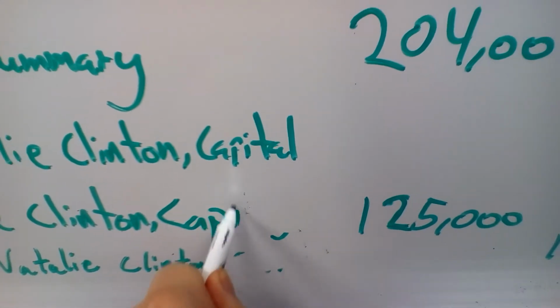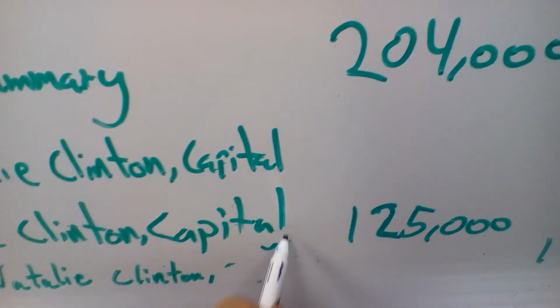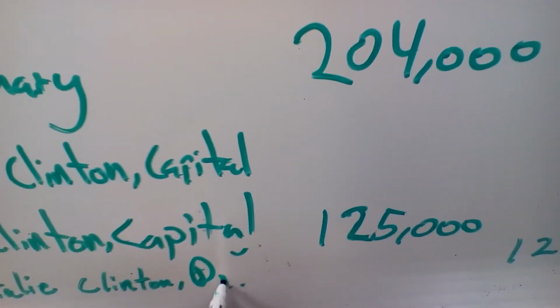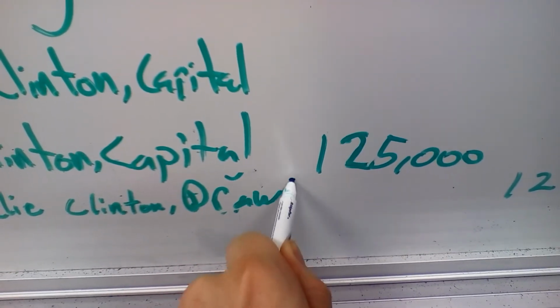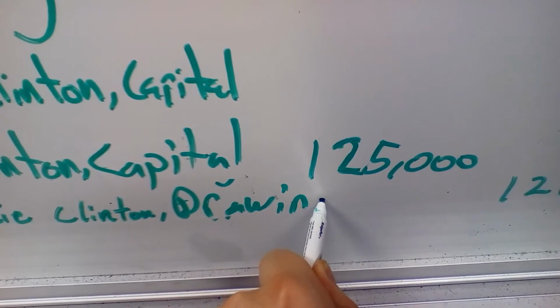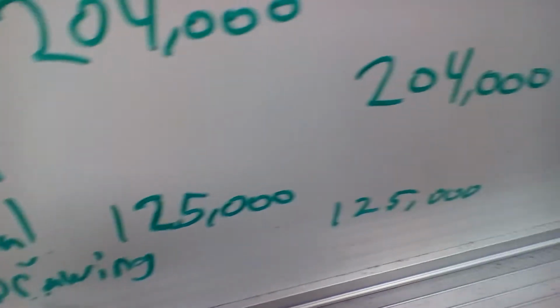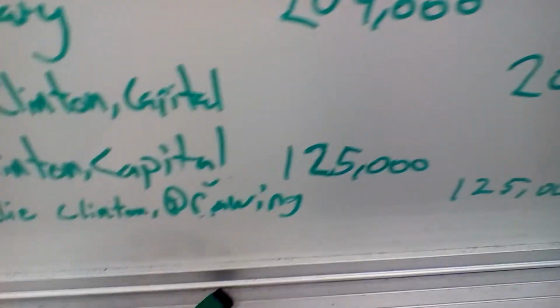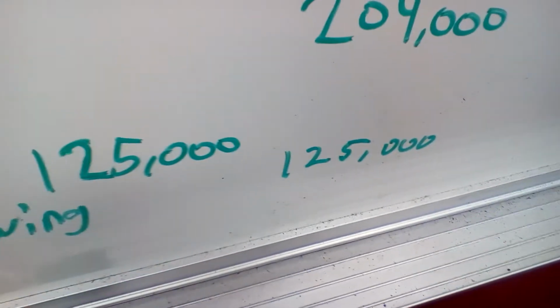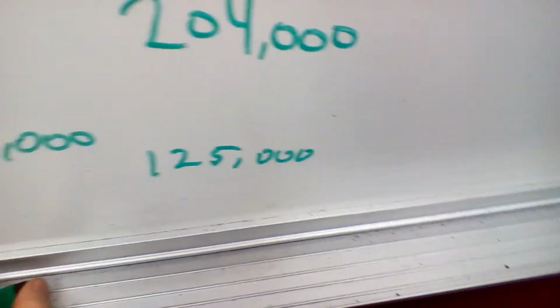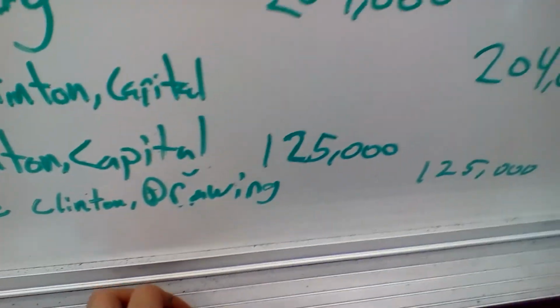There we are, see capital, and that's drawing. So we credit the capital, and we debit the capital, credit the drawing, because to get rid of the drawing we have to credit it, because it's normally a debit. And that's how you do it.